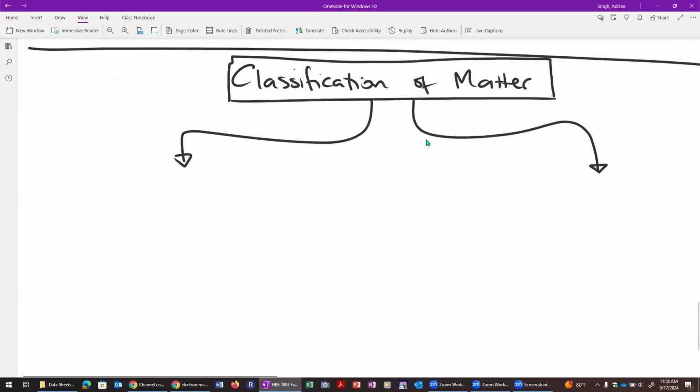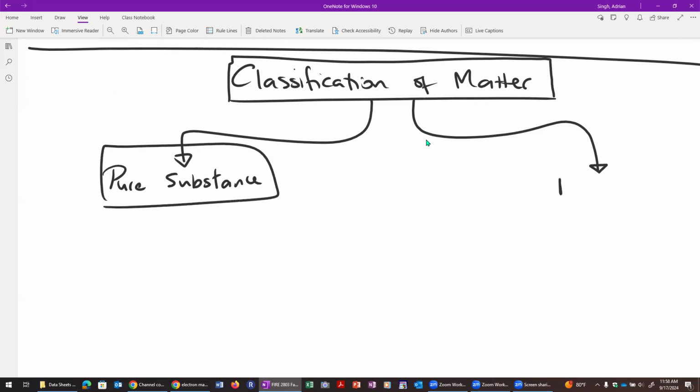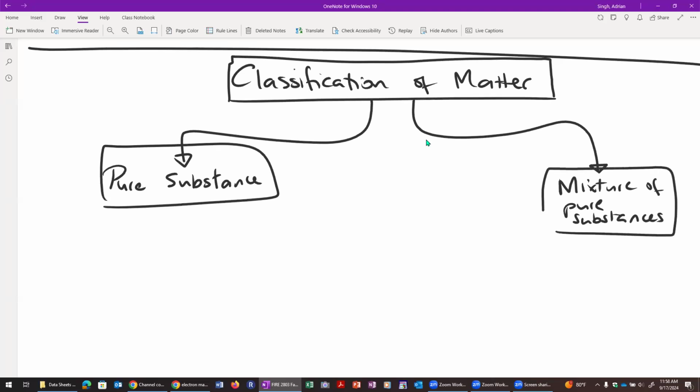So the first thing we can say is matter can be either a pure substance or a mixture of pure substances. So what's the difference between these two categories?